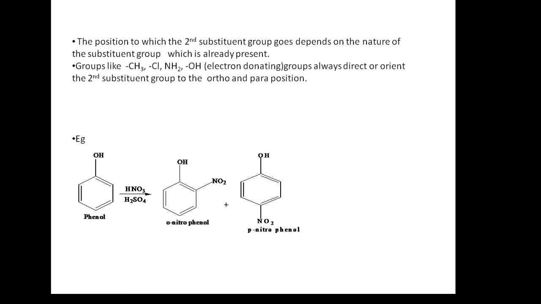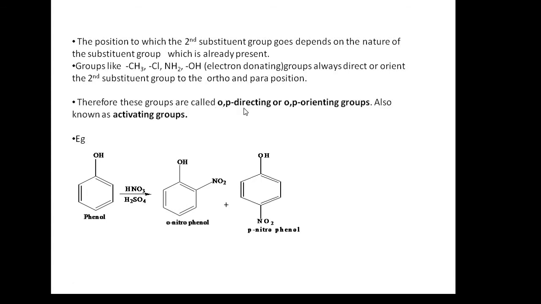Groups like hydroxy, methyl, chloro and amino groups, which are known to be electron donating groups, always direct or orient the second substituent, that is here the nitro group, to the ortho and para positions. Therefore, these groups are called ortho para directing or ortho para orienting groups. These may also be called activating groups.